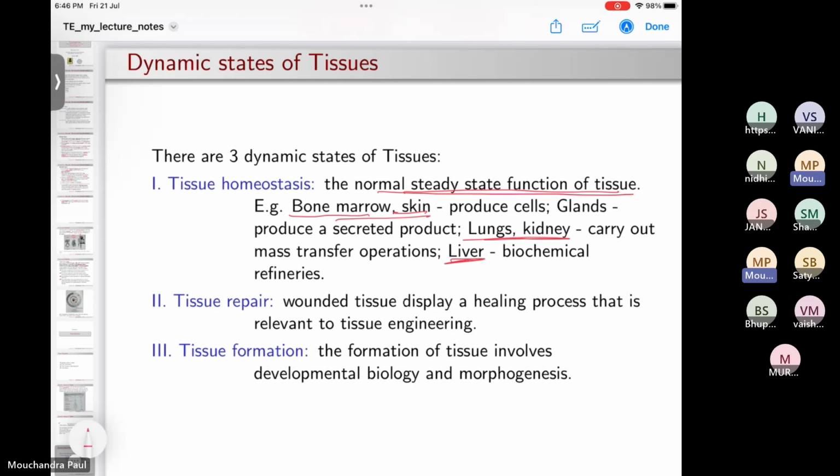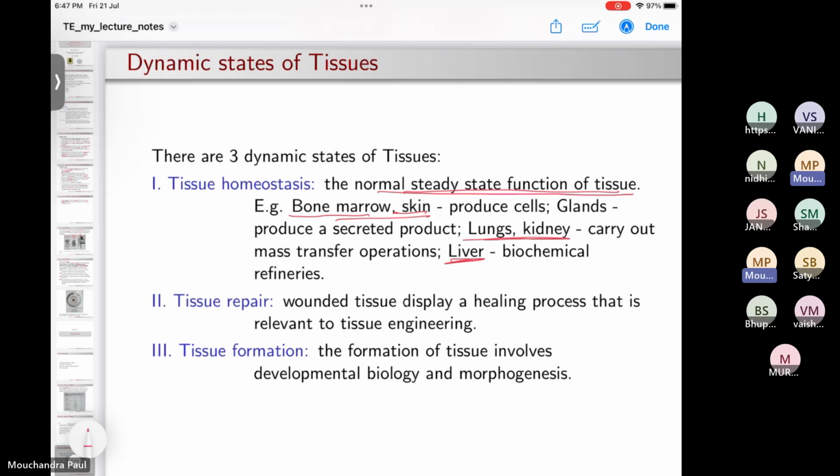Which is why it is very important for us to understand the entire tissue repair mechanism, all the steps that are there, what all cells are involved, how the levels of various biochemicals are changing during the entire process. Only then can we ensure successful grafting of a particular tissue engineered medical product.